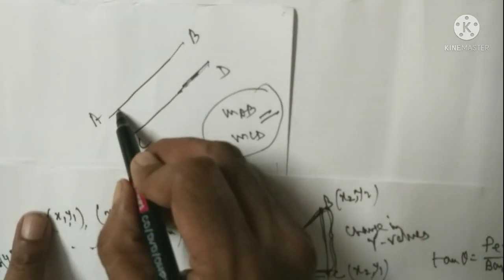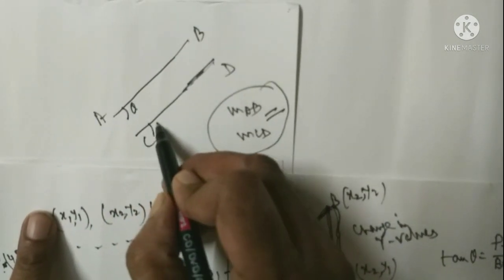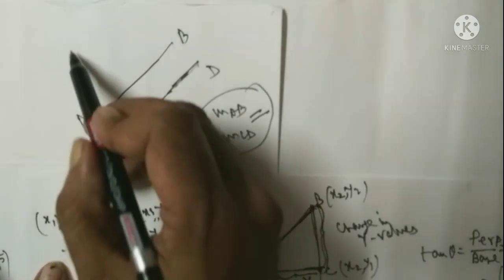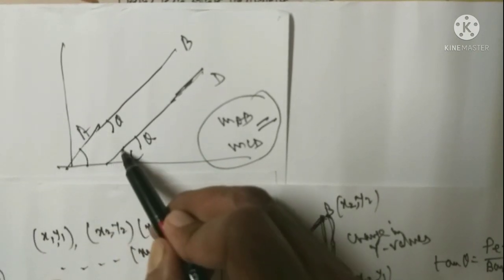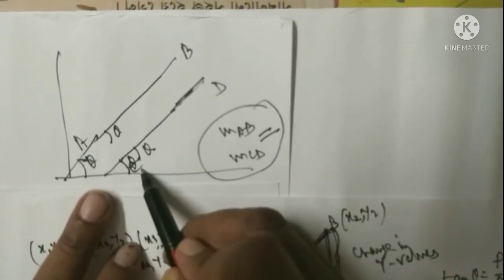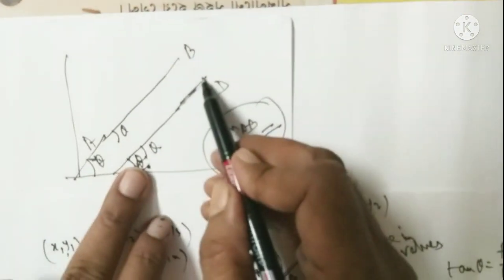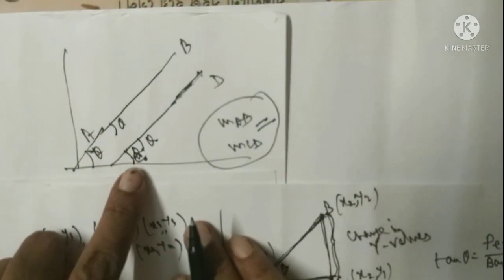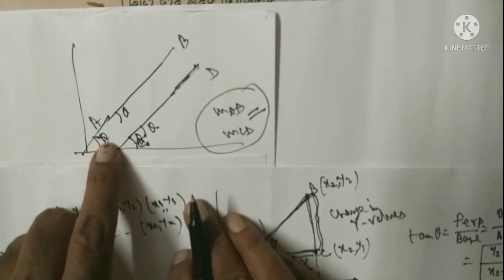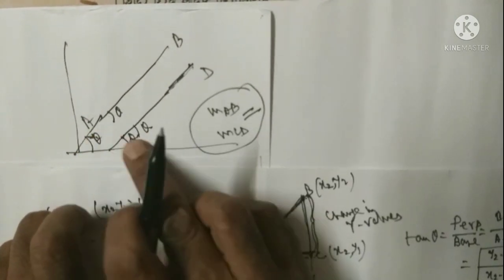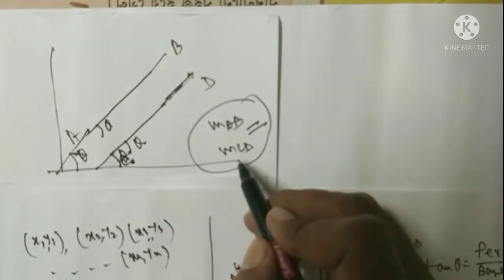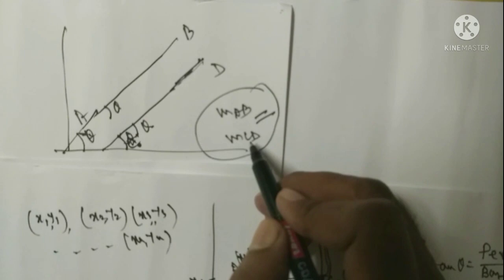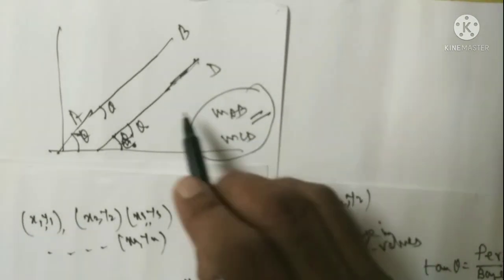Because this line makes angle theta, this line also makes the same angle theta. If the thetas are same, then the lines are parallel, because theta same means tan theta same, tan theta same means slope same. Therefore we can say finally, if the slopes of two lines are equal, then they are parallel.